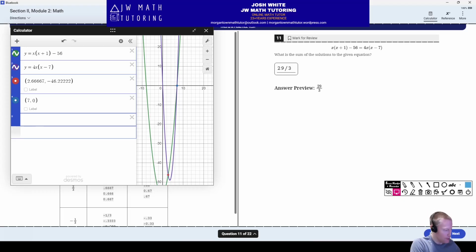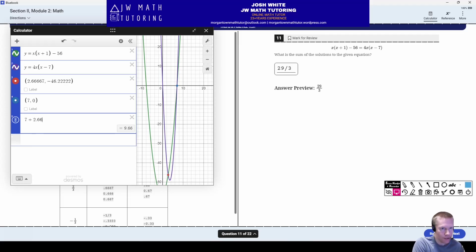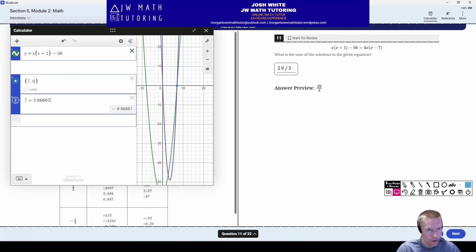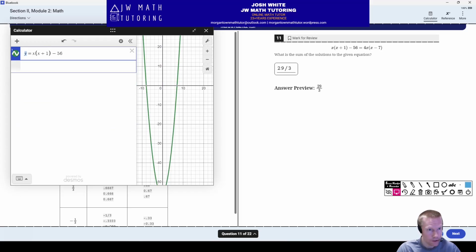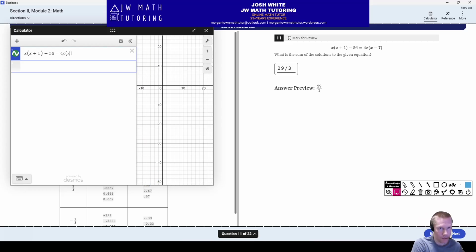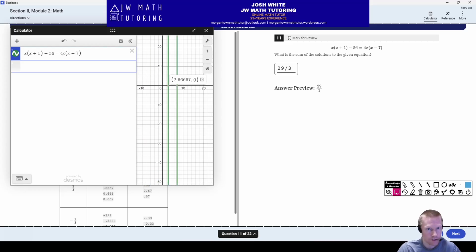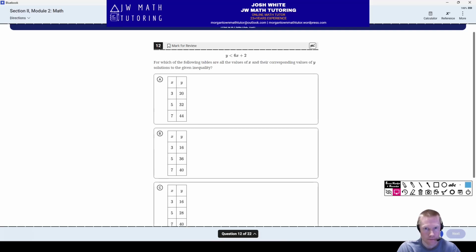So essentially what you would be doing to get the sum of solutions is adding 7.26667, and at this point, again, you would put in 9.666 or 9.667 to get your answer. Or we could also double check if we do it this way, it might be easier. Yeah, here it's probably quicker to just type it in all as one thing. You easily see your two values, just add those together and get your answer.